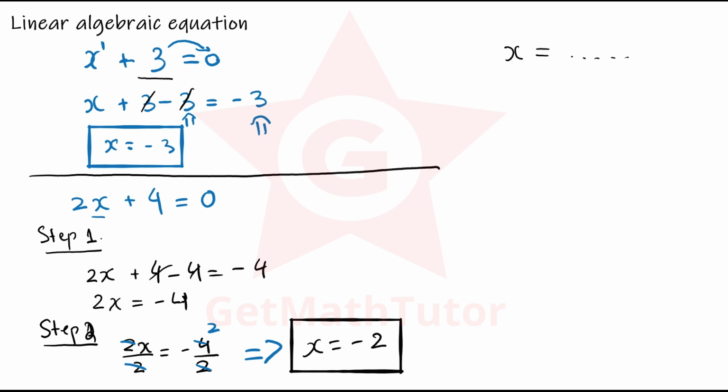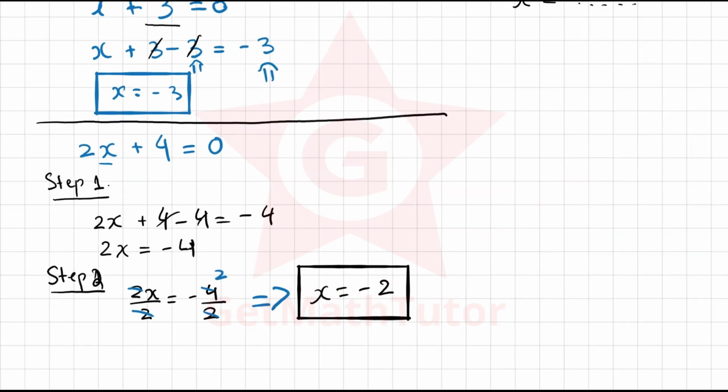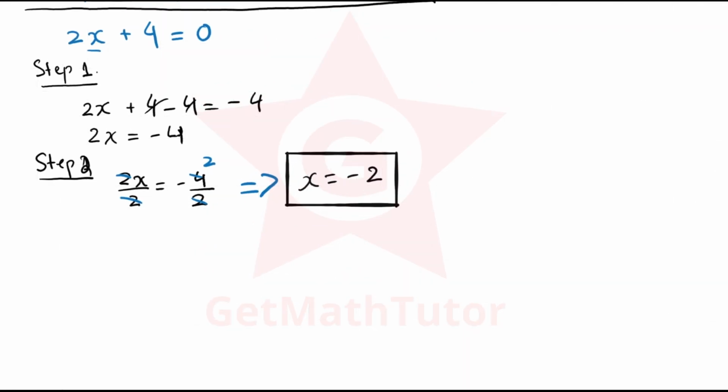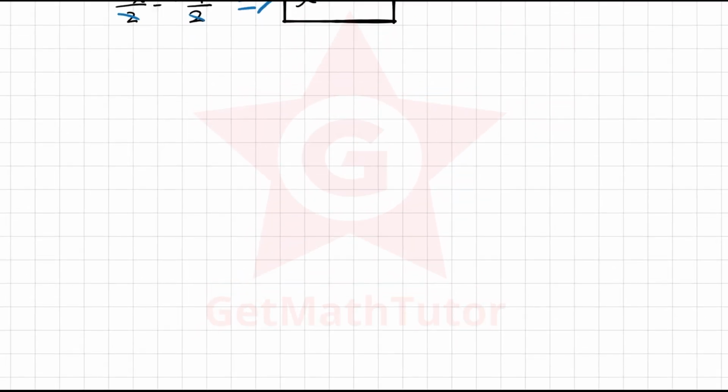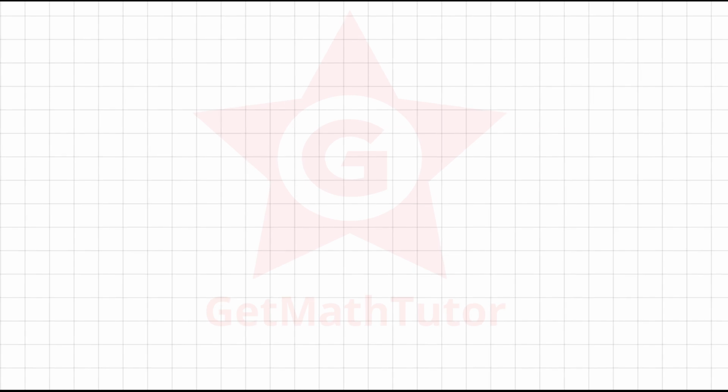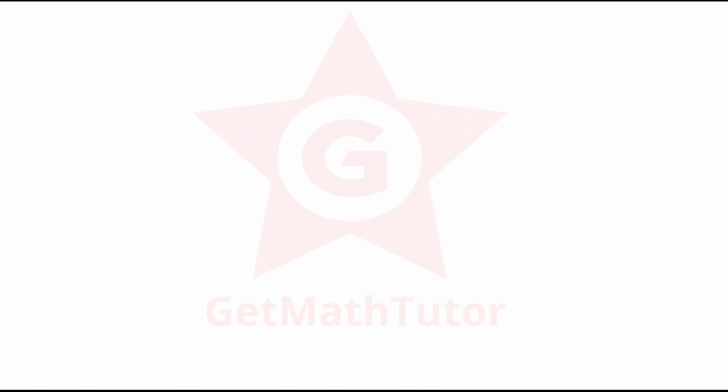Okay, now let's look at the third example. All right, so let's say you have an equation which is given as 4x minus 3x plus 2 equals 7.